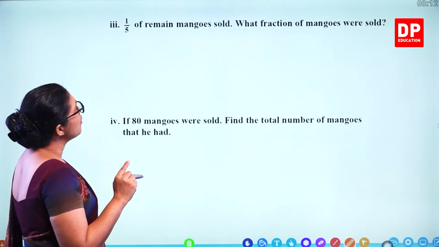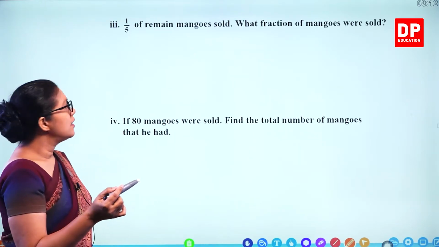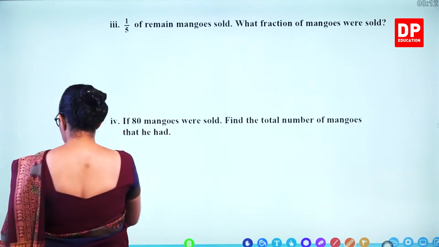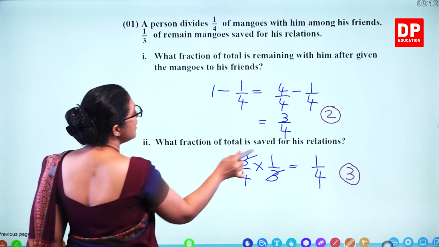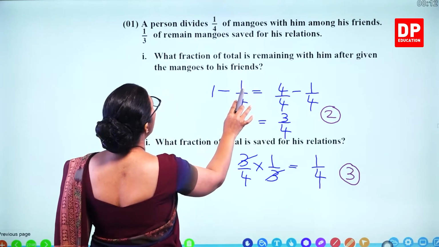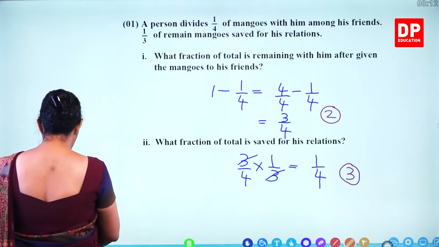1/5 of remaining mangoes sold. What fraction of mangoes was sold? So how many mangoes now already gave? 1/4 to his friends and 1/4 for his relations.